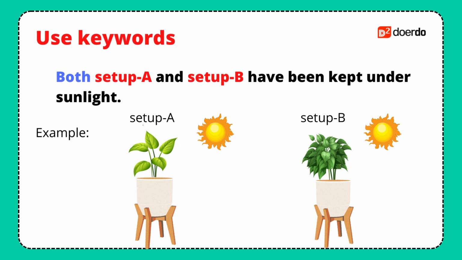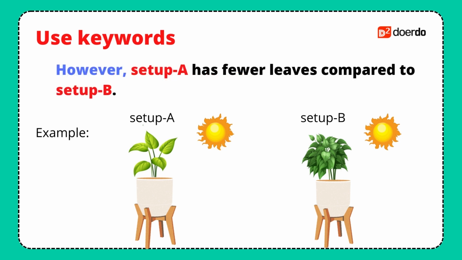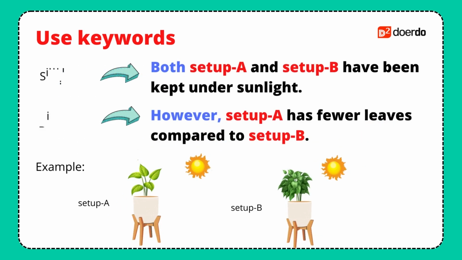Both setup A and setup B. And then let's say you want to talk about the differences. However, setup A has fewer leaves compared to setup B. So this is the difference. I have spoken about the similarity and spoken about the differences. This is how you're going to answer.